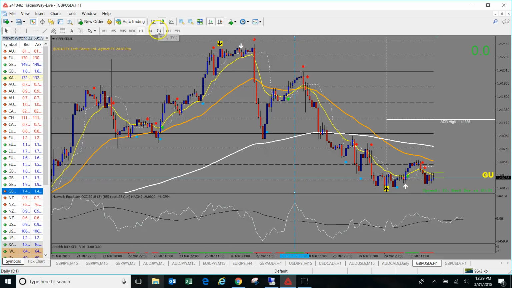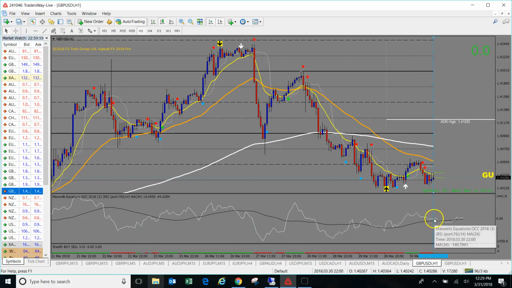And I don't think it really changes as much on the higher time frames as it does on the lower time frames, but I don't know. I really haven't seen it repaint, but some people say they have. But the main difference with the Maxwell equation and the TDI Pro is the future price prediction.